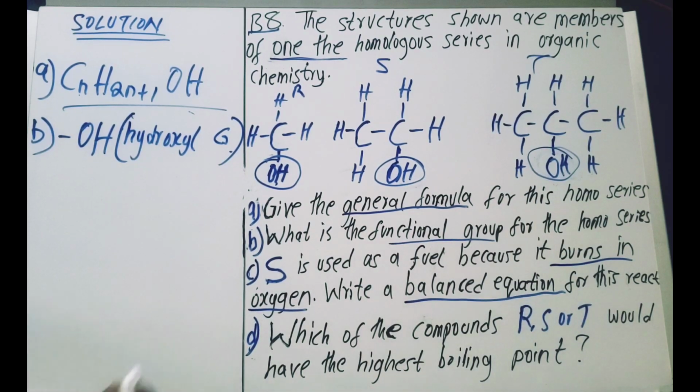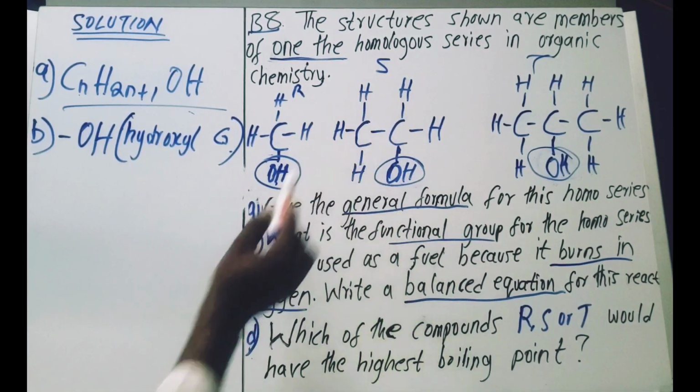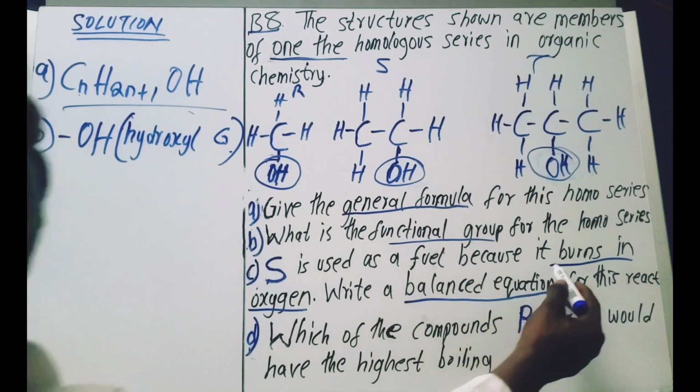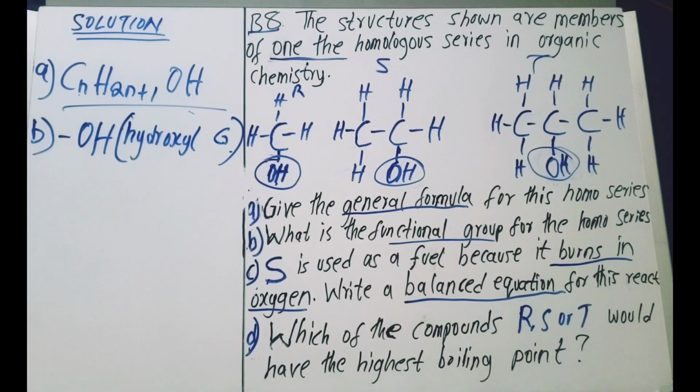Alright, so we have S, which is this. This S burns in oxygen. So just by this term, it burns in oxygen, what should come into your mind is they are talking about combustion.